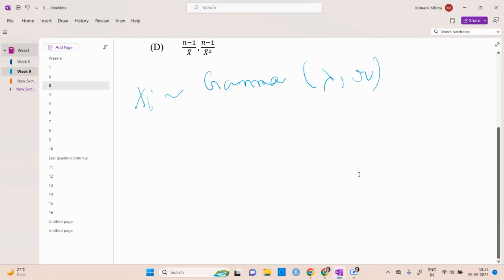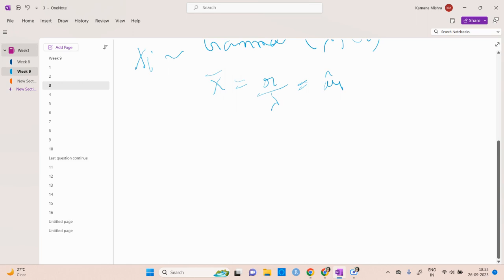So, in the method of moments, we have firstly mu1 and then mu2. The mean we know is given by r upon lambda, which we write as mu1 cap.